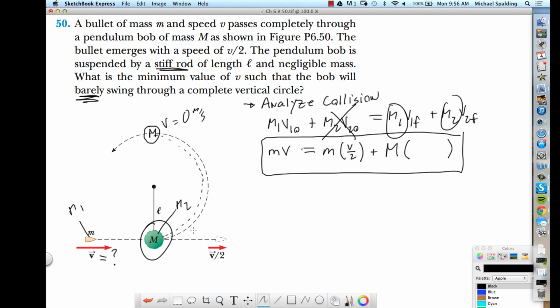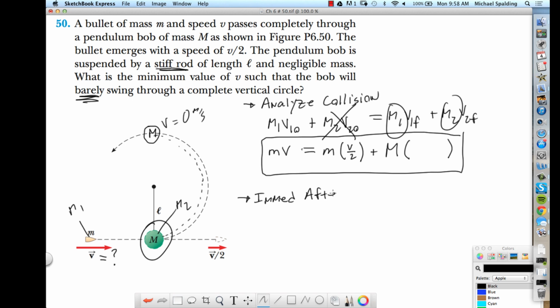Now how can we find out the velocity of big M after the collision? Well, look, after the collision, and actually, you know what, I should say immediately after. And by immediately, I mean like 0.01 seconds after the collision. Like the collision's done, and it's been done for like 1/10 of a second or 100th of a second.